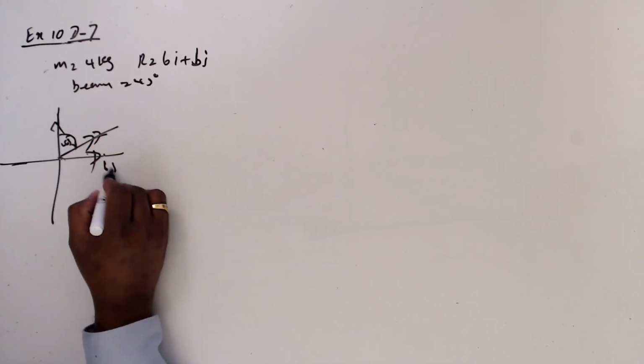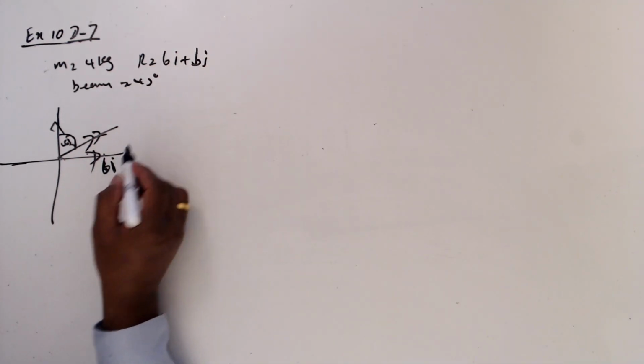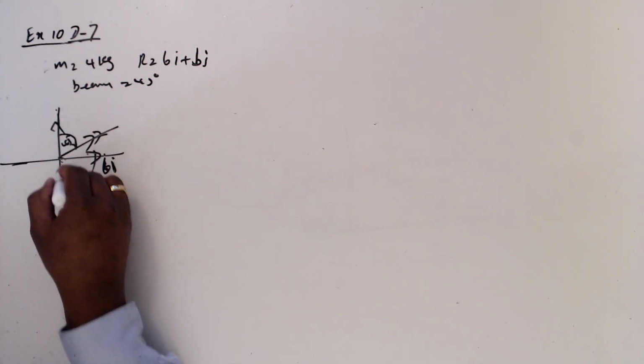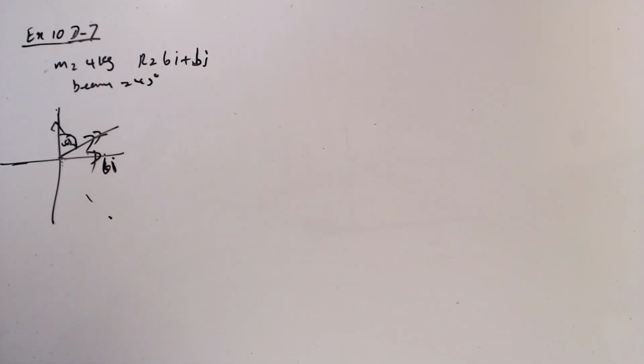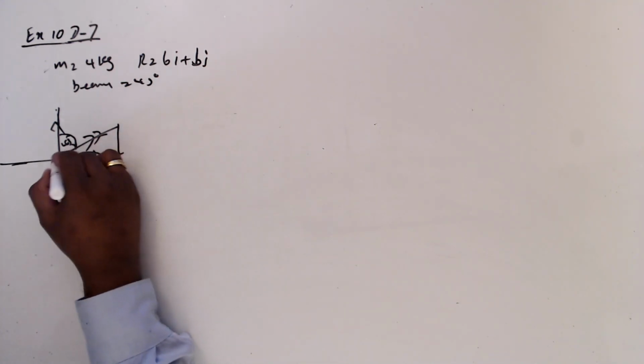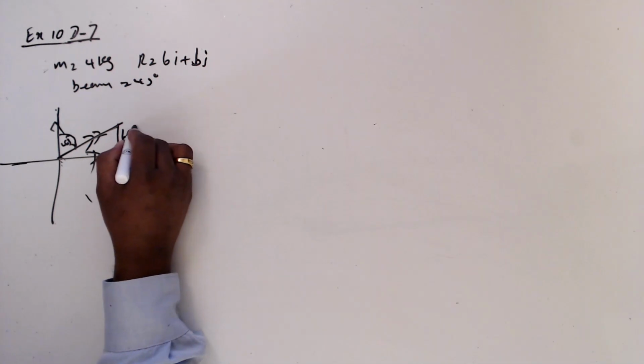So this is 6i and Bj. B is positive in here, negative in here. So this is 6i and this is Bj.